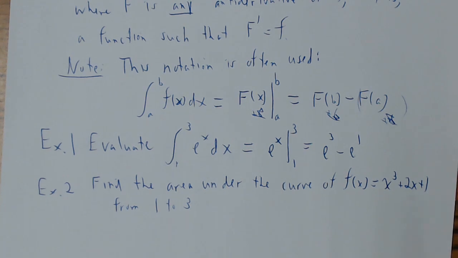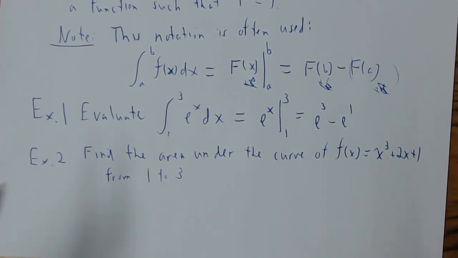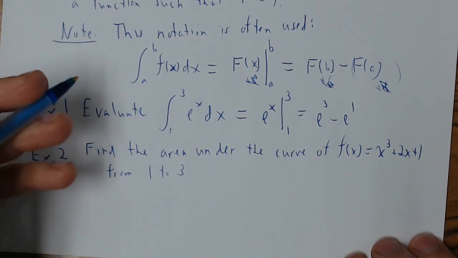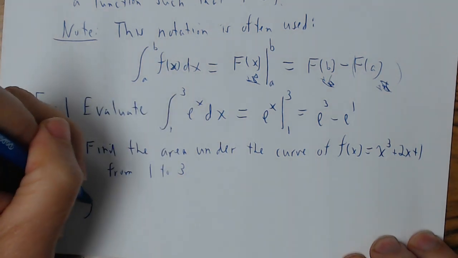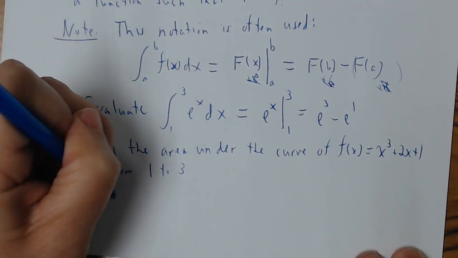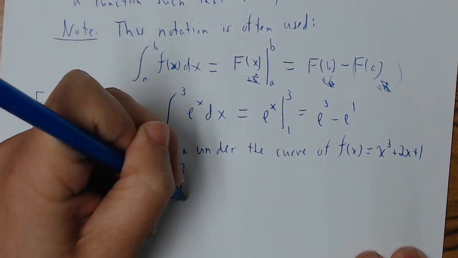Now this one, what is it that we know? The area under the curve of this function from 1 to 3, by definition, we learned that that's basically what a definite integral is. So in other words, what this is saying is find the integral from 1 to 3 of x cubed plus 2x plus 1 dx.